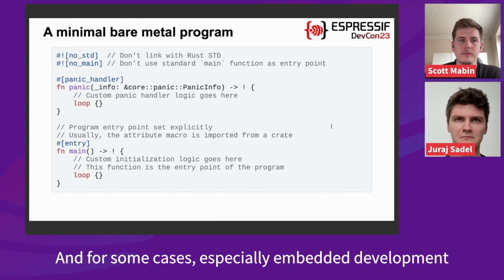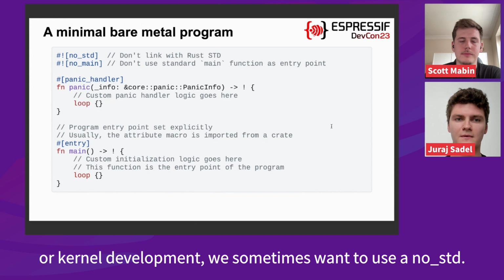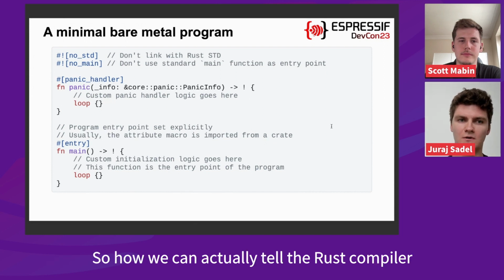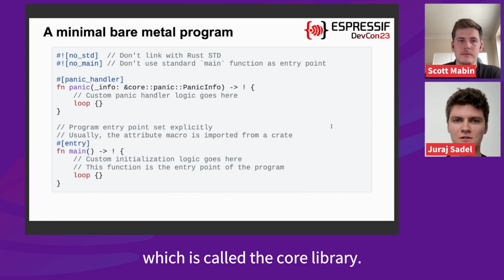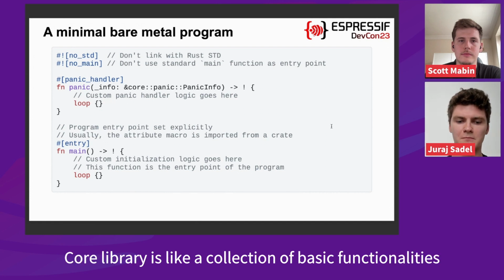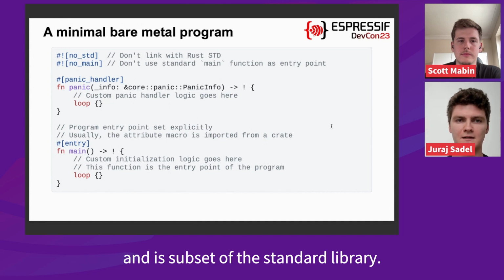For some cases, especially embedded development or kernel development, we sometimes want to use no_std. So how can we tell the Rust compiler that we don't want to use the standard library, but we want to use something else, which is called the core library? The core library is a collection of basic functionalities and is a subset of the standard library.